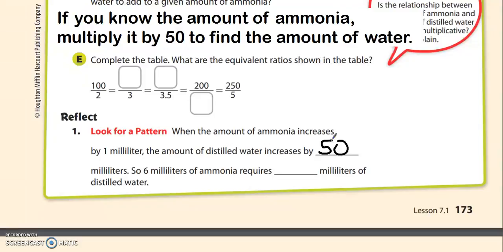Well, we could use our table and just extend it. We could put a 6 right here, and we could just notice that the top terms are increasing by 50. So we just add 50 to 250, or we could just do 50 times 6, and I can do that mentally, because 5 times 6 is 30, so therefore annex another 0 makes it 300.